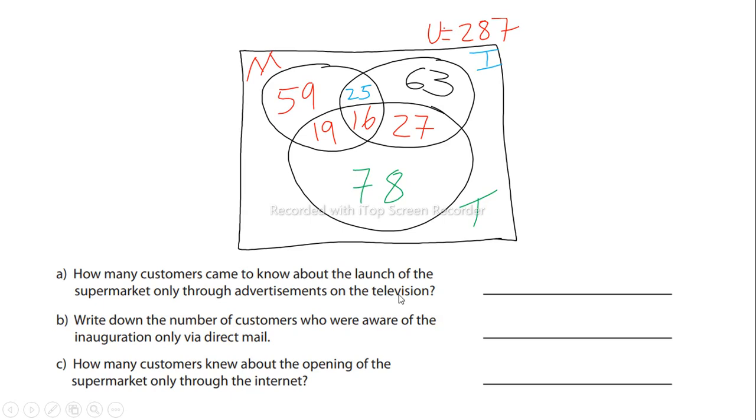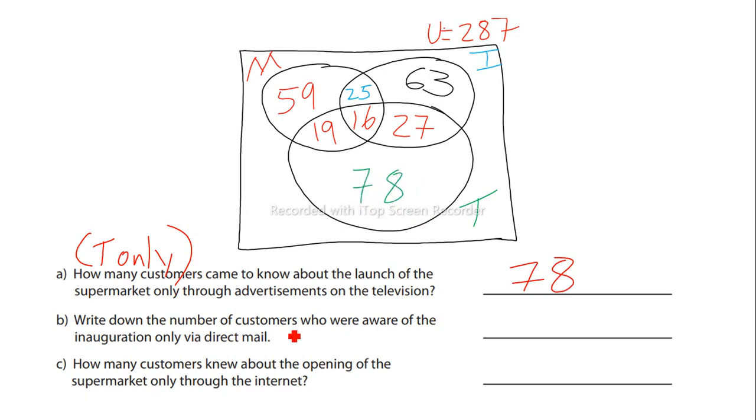78. What's another way of asking the same question? T only. So this question is asking us, what is T only? That is 78, because they're asking for those who only got it through television.